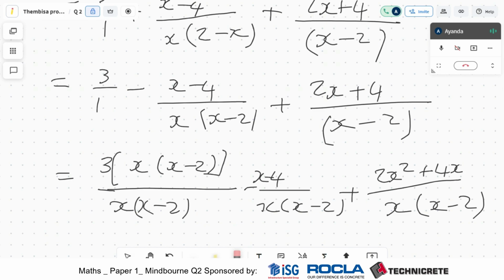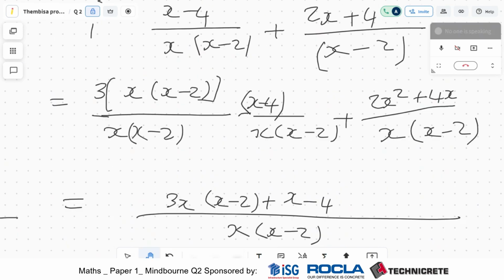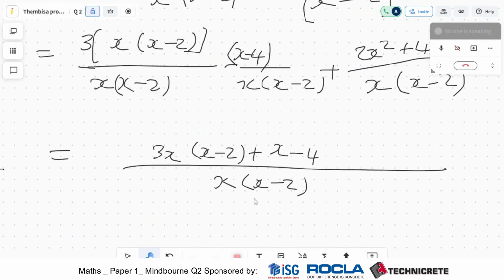So this is supposed to be minus. So we'll put this x minus 4 in brackets and keep it in brackets over here. So minus x minus 4, plus 2x squared plus 4x.